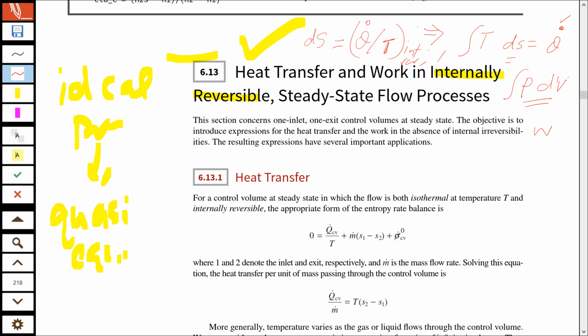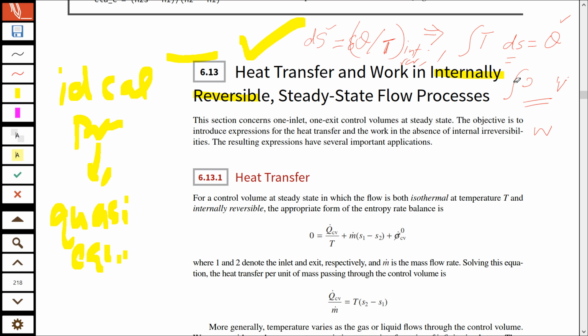Let me just double check this. I think this Q dot is incorrect here. If I remember correctly, this was delta Q over T, and this was ds. And now I can say that it is equal to Q, it's not Q dot.